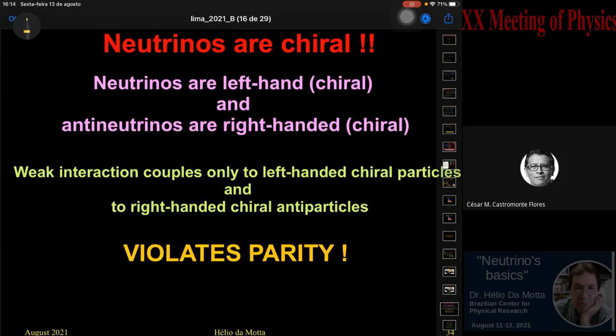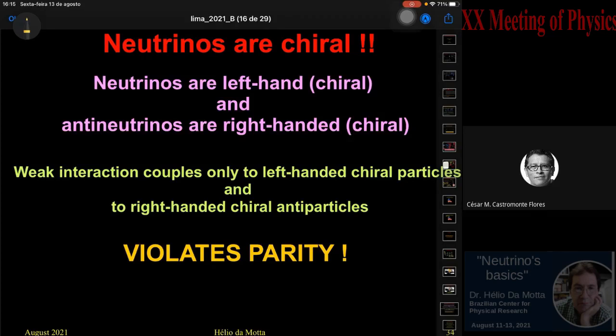But the weak interaction also only goes to left-handed particles. So if there is a right-handed neutrino, we don't see them. How do I see them? It means that it does not interact because it has no electric charge, so we cannot exchange a photon. Okay, and we cannot exchange a gluon because we can interact only through the weak interaction.